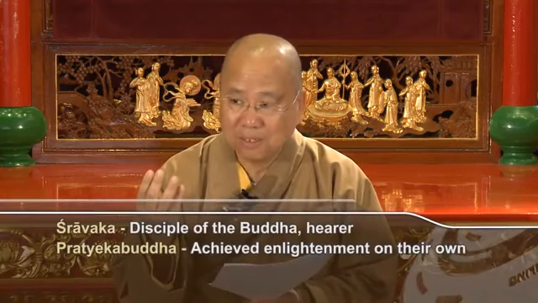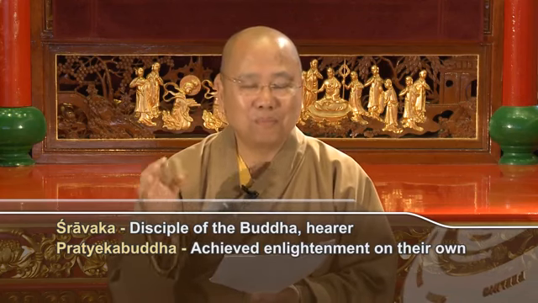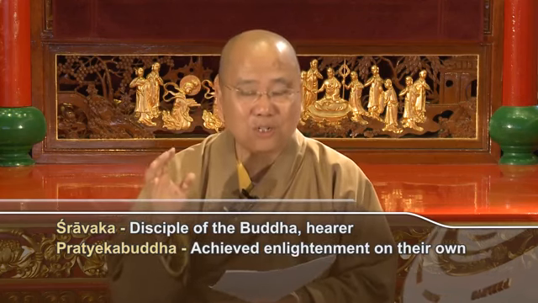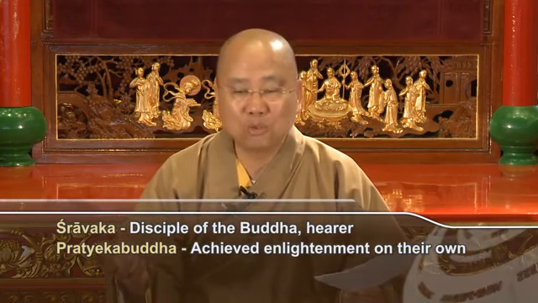Basically, there are 2 kinds of people practicing Buddhahood. The Pratyeka Buddha and the Sravaka. Pratyeka Buddha, those practitioners live at a time when there's no Buddhism, no teaching of Buddhism.